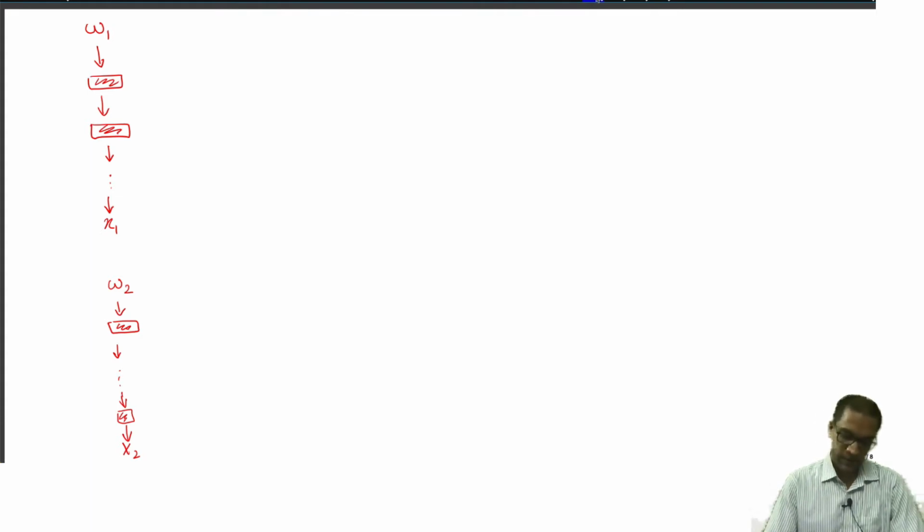Now the way we do this is just via a simple observation. Look at this initial chain starting from W1 and going to x1. What does a basic rewriting rule do? The basic rewriting rule has the following form.